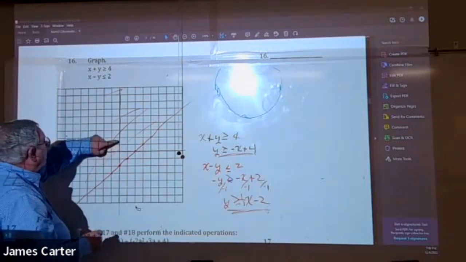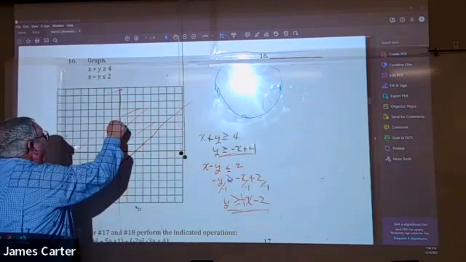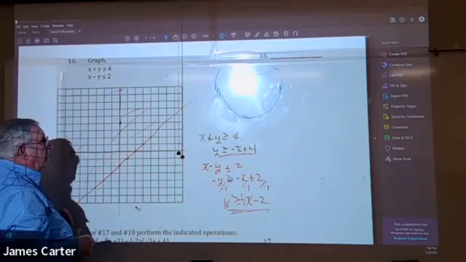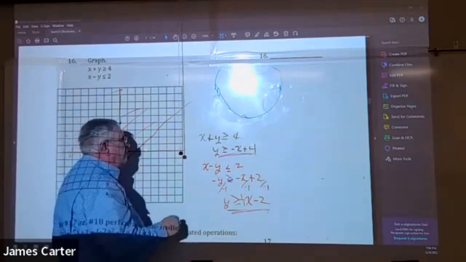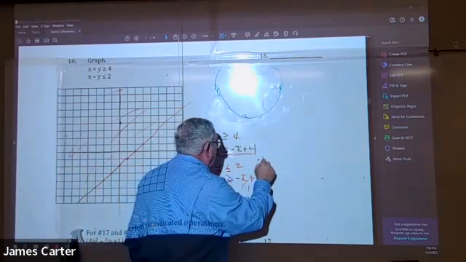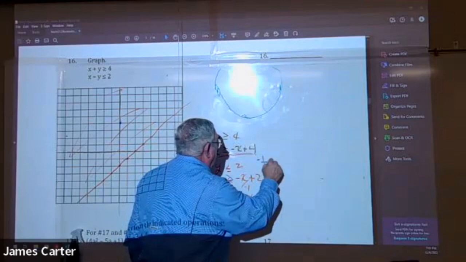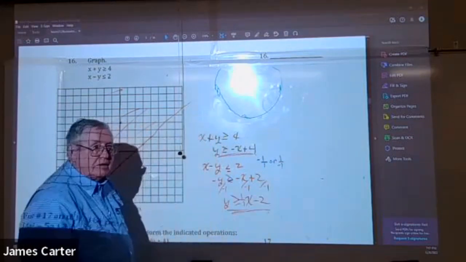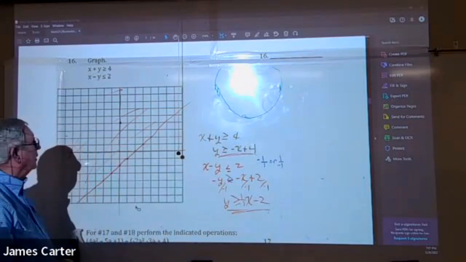Positive 4, 1, 2, 3, 4. Okay. And my slope is negative x, so that means I've got a negative 1 over 1, or 1 over negative 1, for my up and overs.